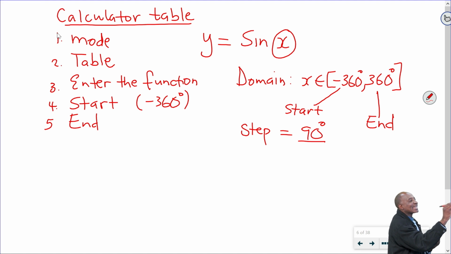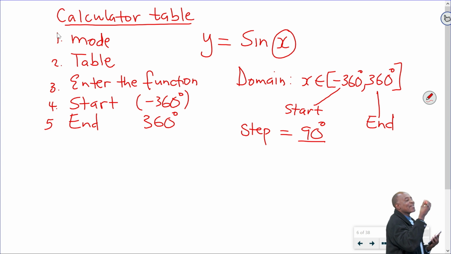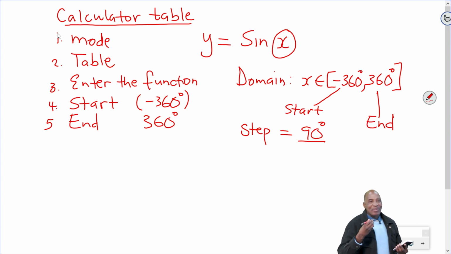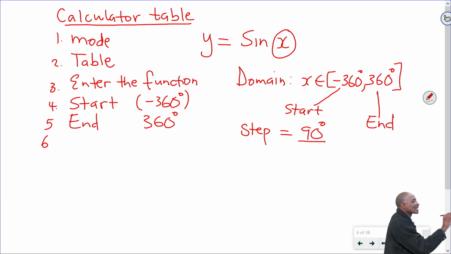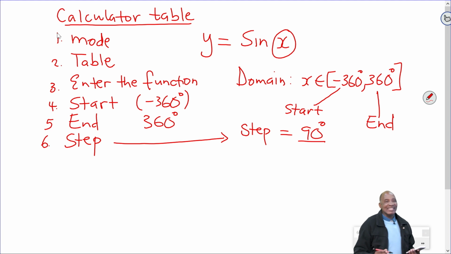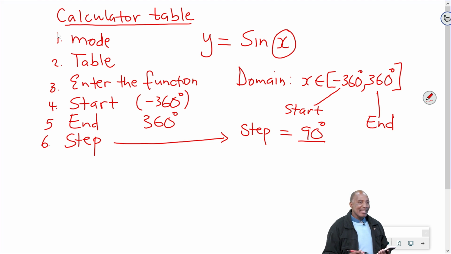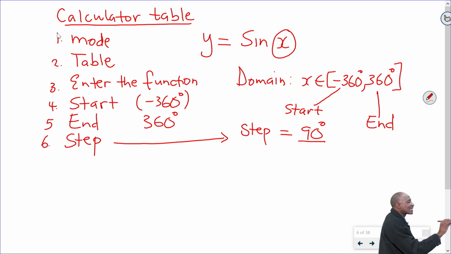I want to end at 360 degrees. After every operation, you press the equal sign. That's your enter on your calculator. Then the next step, depending on the calculator, you shall enter the step. This is where you need to consider your step of 90 degrees. Then from there, you are going to get a table.